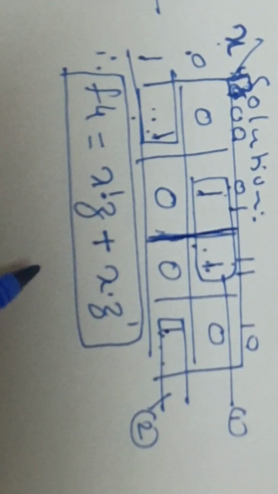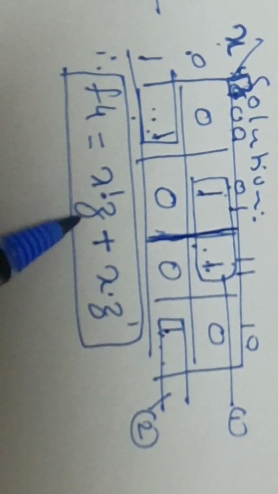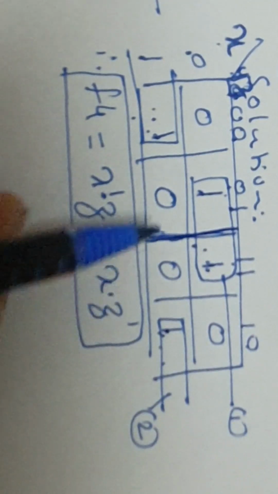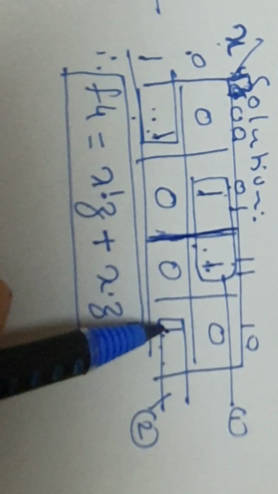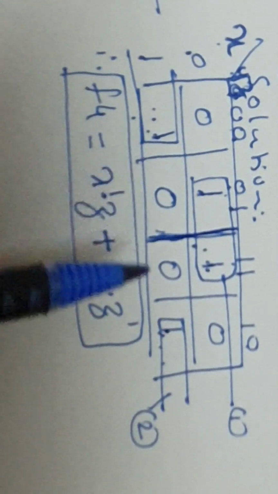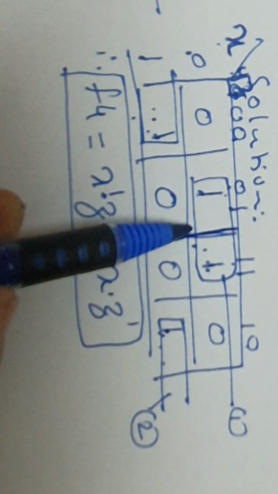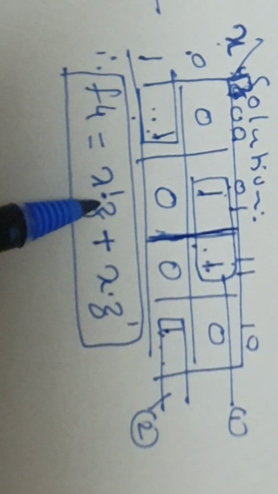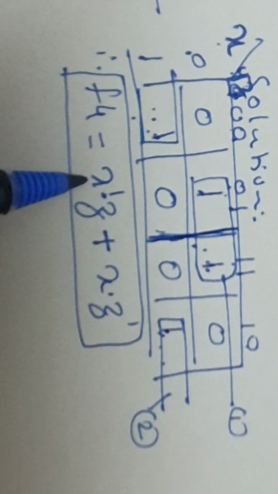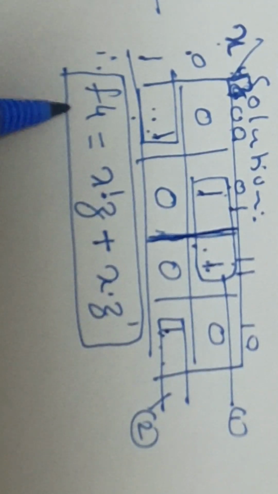These two are called prime implicants. Are they essential prime implicants? How to know this? Because there are two groups, only they can be made, no other group. And what prime implicant we have found for each group, they are included in the simplified solution, the final solution for the given Boolean function.